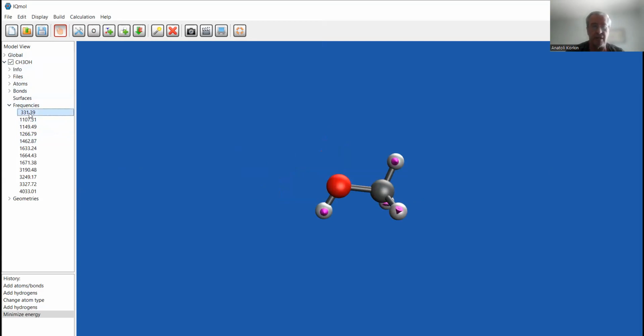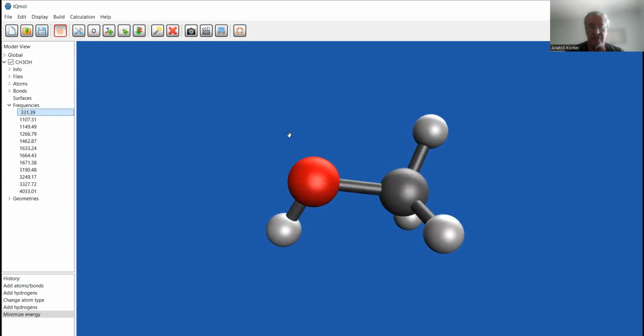The lowest frequency, if I double click on it, should show you the vibration. Let me just increase it so you will see. You can easily see that it is a torsional vibration, the OH group and CH3 along the CO bond.